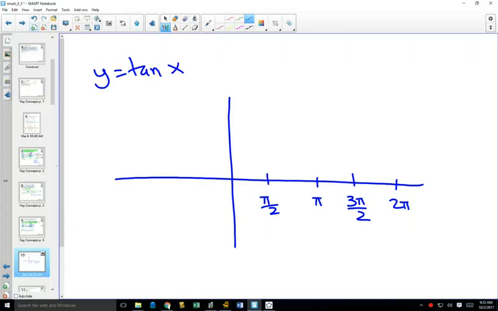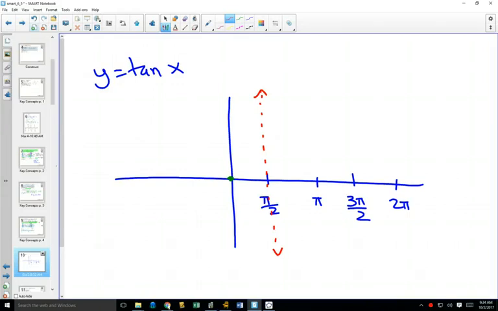Yes? We have some places where it's undefined. Yes, we're going to look at that as well. But what is it at 0? Tan of 0 is 0. Tan of pi over 2 is undefined. So just like when you had non-permissible values in the past, in the tan graph, you're going to have asymptotes wherever it's undefined.